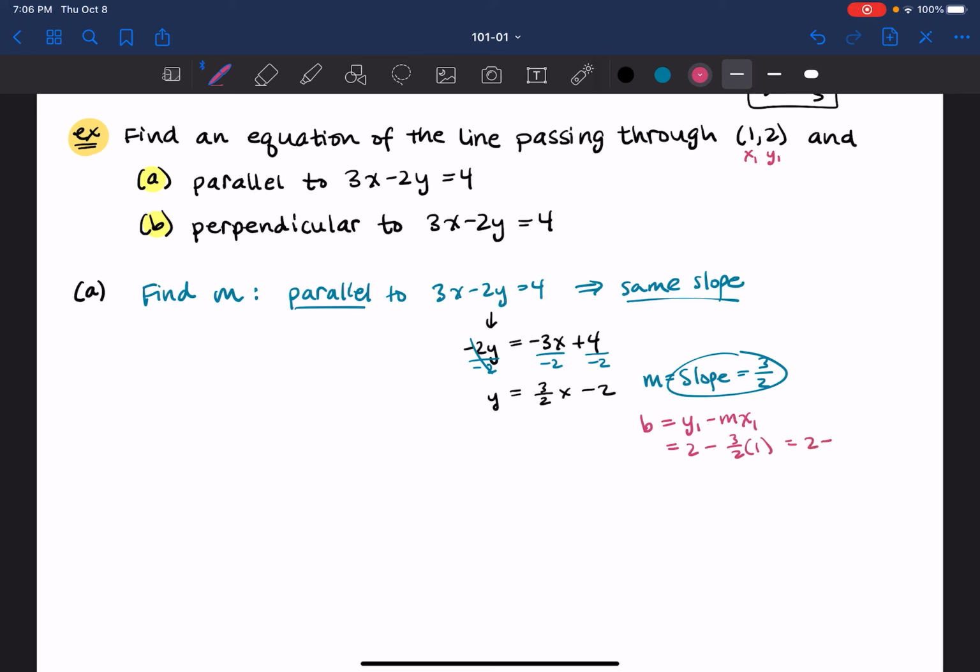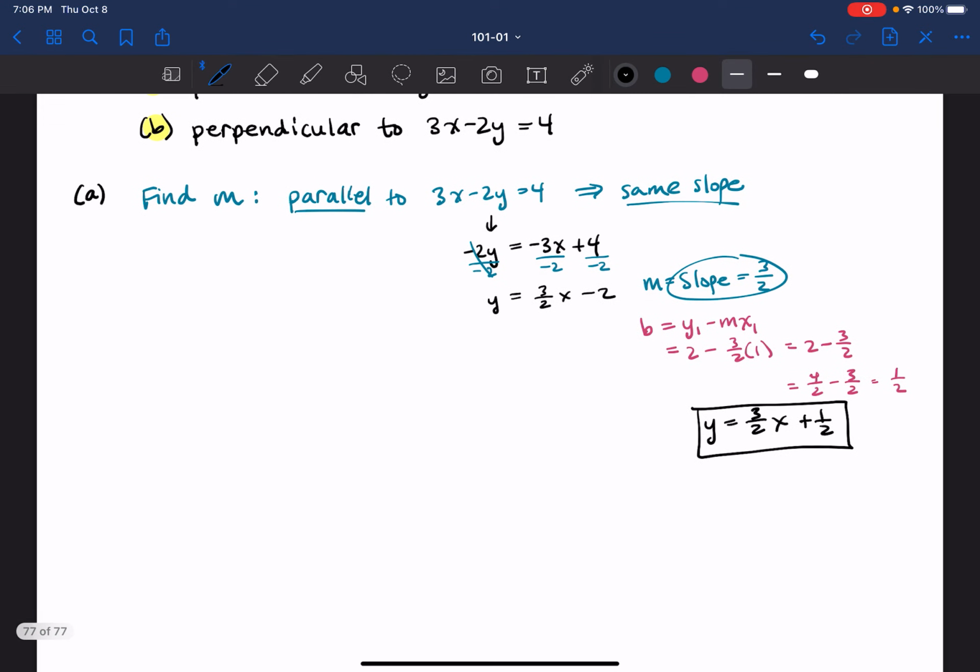So that's 2 minus 3/2. We need a common denominator here. So how many halves is 2? That's 4 halves, multiply 2 over 2. And so that gives you 1/2. So the equation we're looking for is y equals 3/2 x plus 1/2, mx plus b.